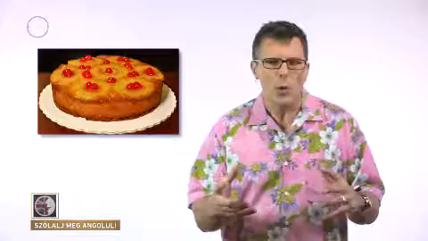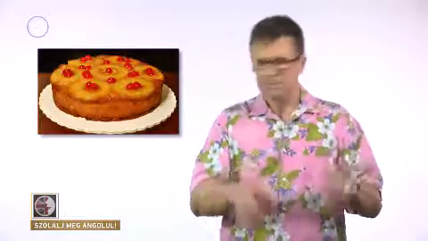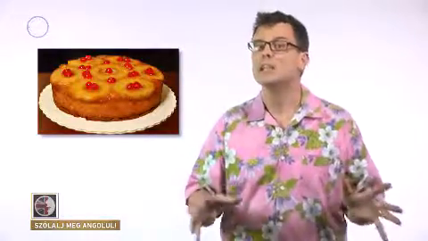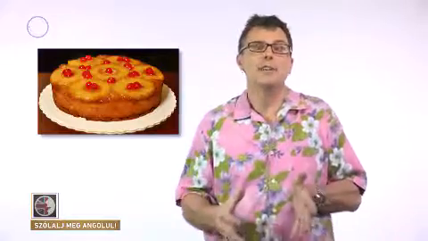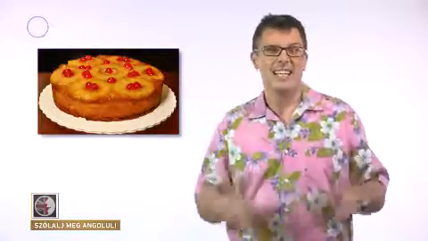Okay, so what happens is this. When the cake is finished, you take it out of the oven and it looks, well, it looks very boring, like this. So, it just looks like a sponge cake. Boring. So what do we do? That's right, we invert the cake.